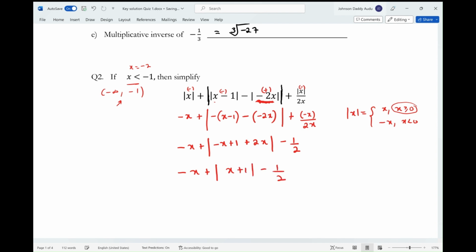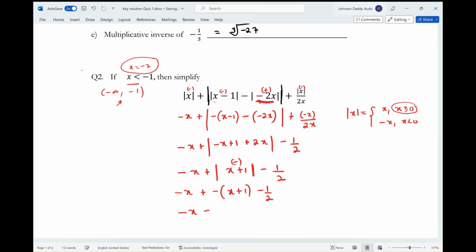But don't forget, we are still using this condition. x is minus 2. If you add minus 2 here, minus 2 plus 1 will still be minus. So it means to remove this outer absolute value, you need another minus. So here we have minus x plus, then you need to bring this minus down. So you have x plus 1, then minus what? Minus half. So this will be minus x. This will be here. This is plus. Plus minus is minus.